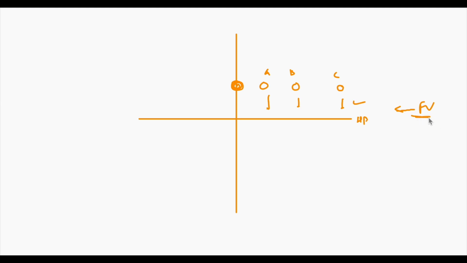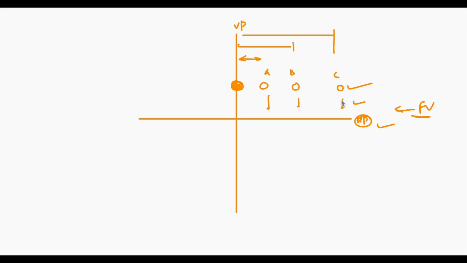So front view is nothing but the relation of the object with respect to HP. The distance between A and vertical plane is different, between B and vertical plane is different, between C and vertical plane is different, but their front view is appearing at the same position because the position of all those points with respect to horizontal plane is same.